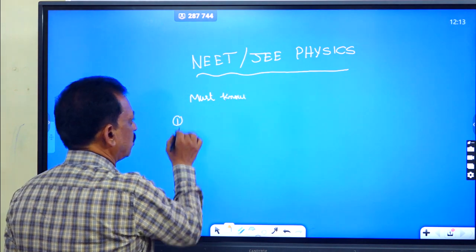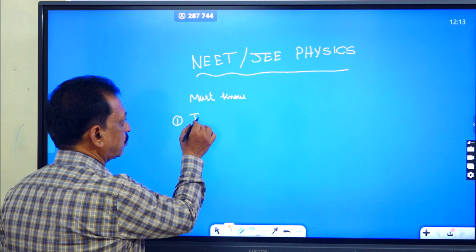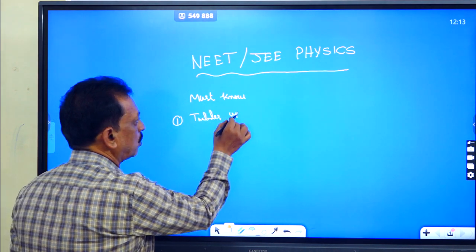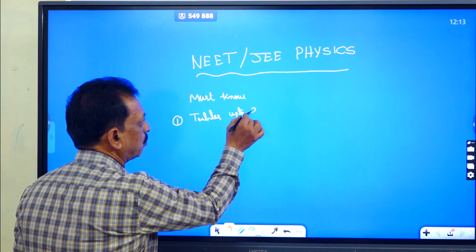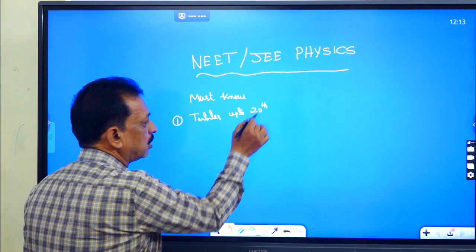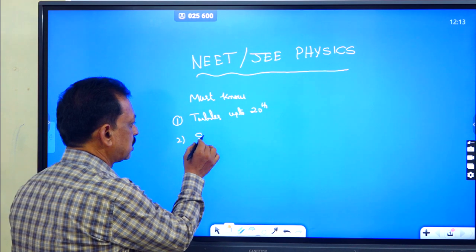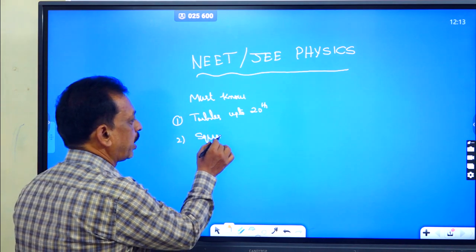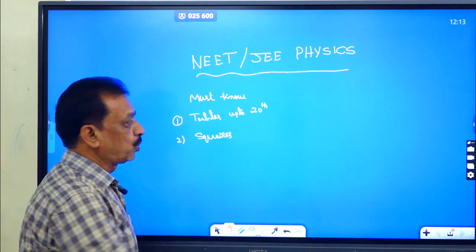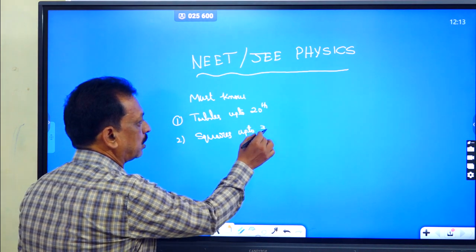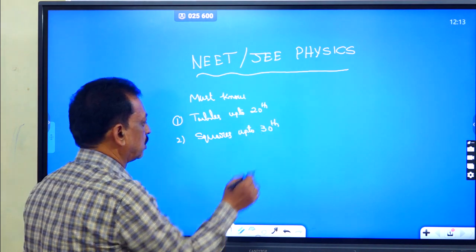Number one, tables up to the 20th table. Second, squares up to the 30th.